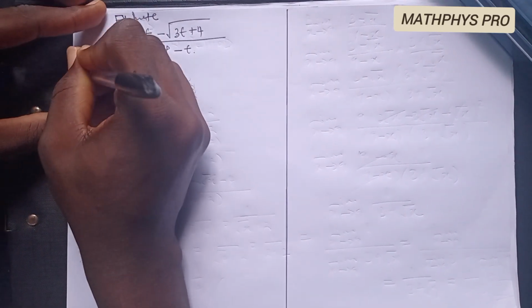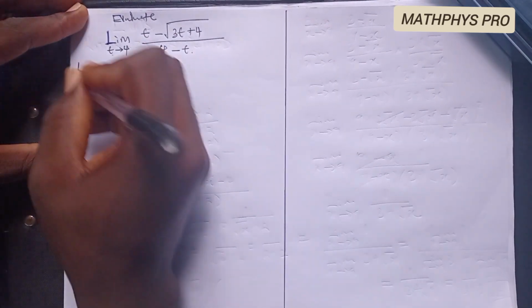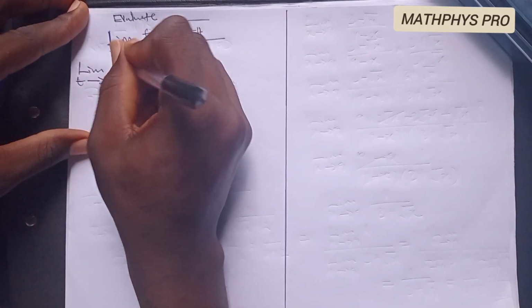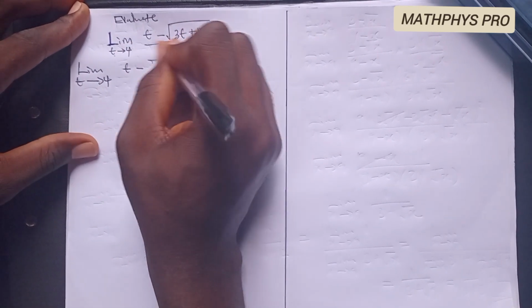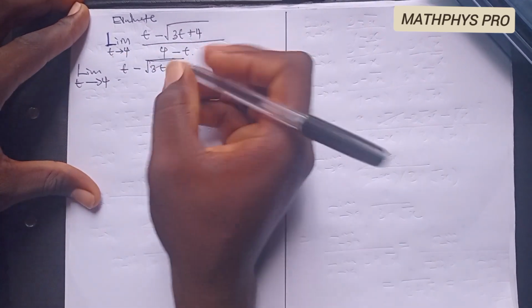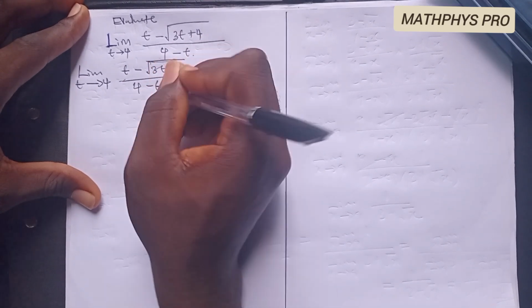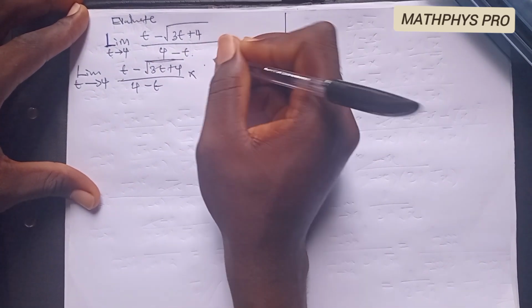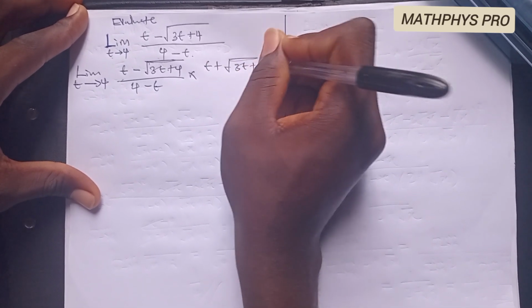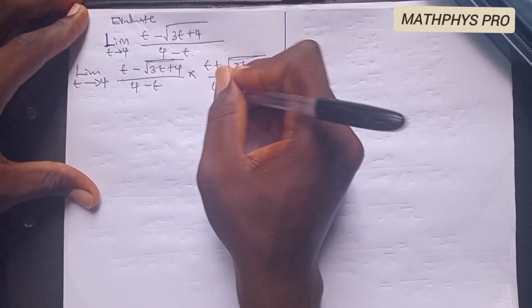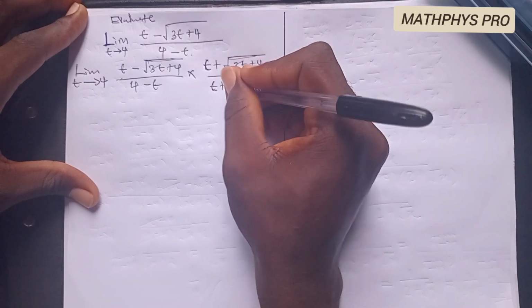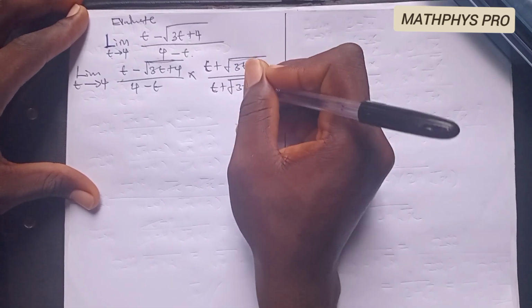So we say the limit when t approaches 4 of t minus root 3t plus 4 over 4 minus t, times t plus root 3t plus 4 over t plus root 3t plus 4.